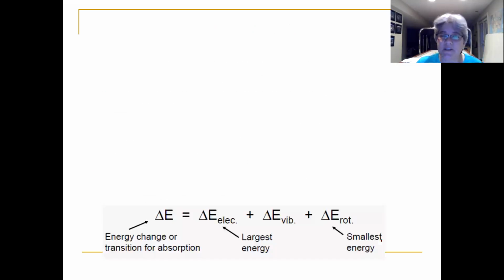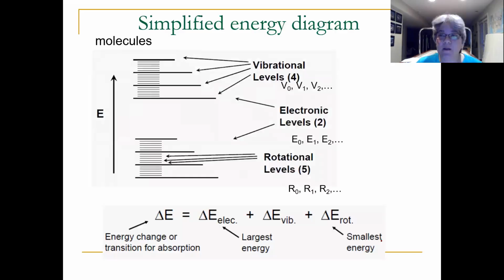Okay, so if we want to look at the energy change for a molecule, that's actually the sum of all of these. And we talked about if I have a molecule, I can show an energy diagram where my electronic transitions are from going from E0 up here to E1. Those are the biggest transitions. And then we said we can also look at vibrational, and we represent those by, like, this would be V0, this would be V1 and V2 and V3.